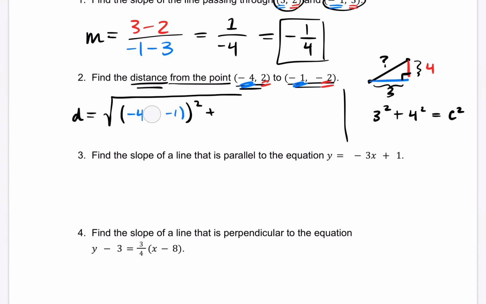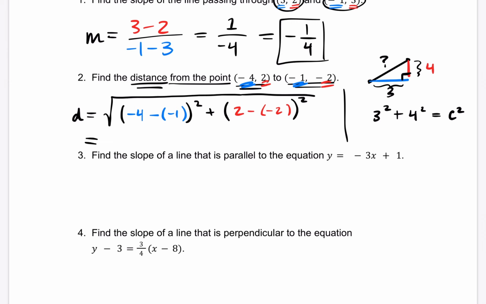Yes, excuse me, this should be a minus here. -4 minus -1, my bad, guys. -4 minus -1, all squared, plus, open parenthesis. And then in red, we'll do the y values, 2 minus a -2. As long as you keep those guys aligned, it doesn't really matter which one you pick for which.